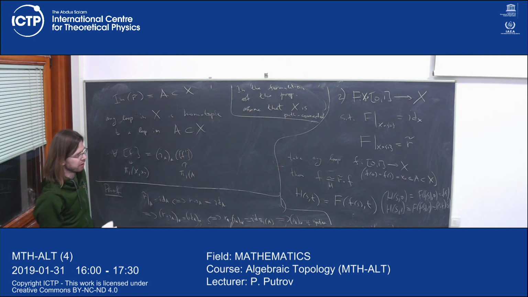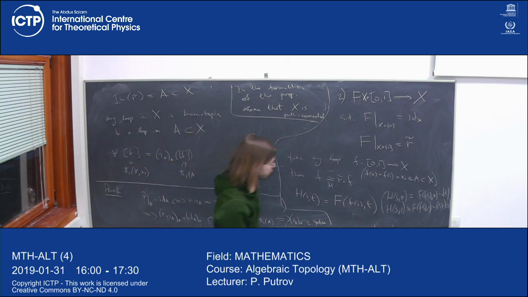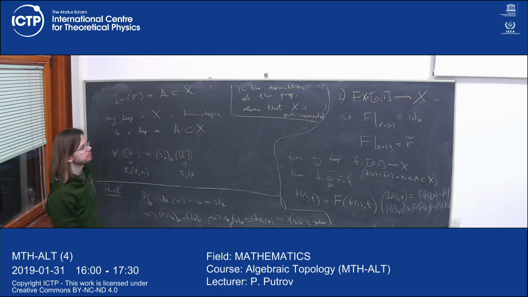Then all pi ones for any base point are isomorphic, and we can always choose a base point inside A.